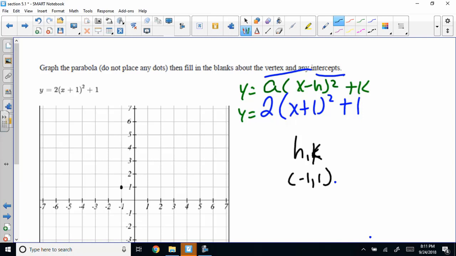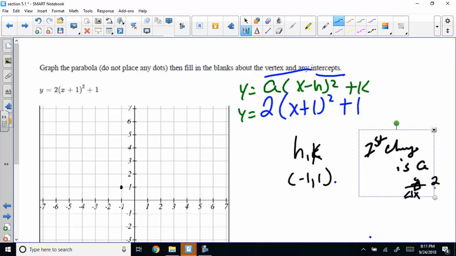Guys, I'm going to teach y'all something. The first change of any parabola should be the a.